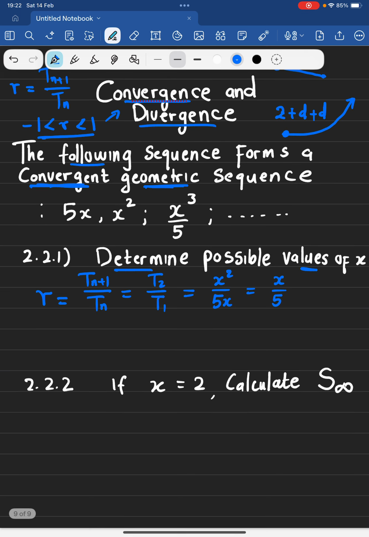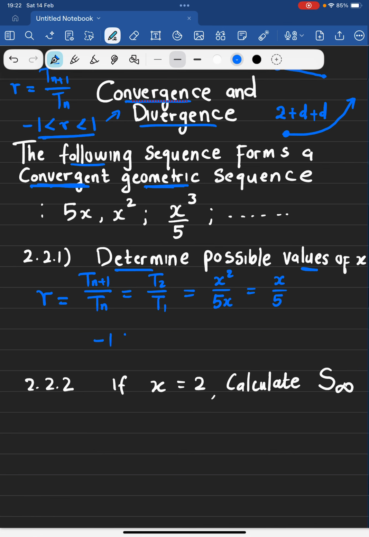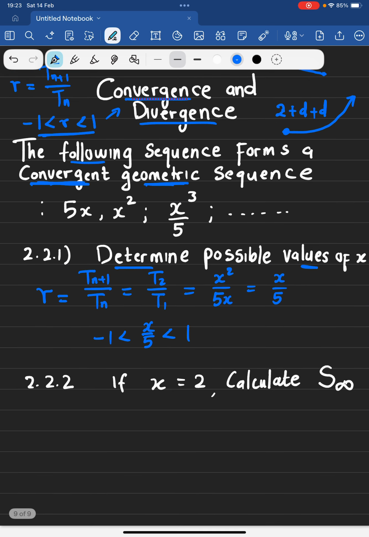And now we're going to use that inequality because this is a convergent geometric sequence. So -1 less than x over 5 less than 1. Now you're going to solve this inequality for x.